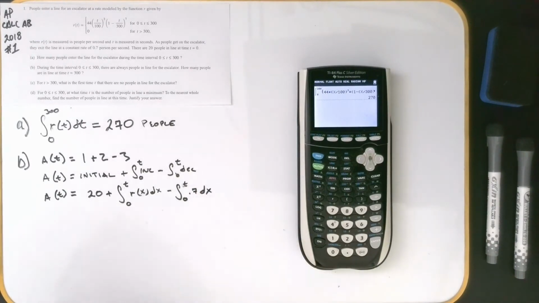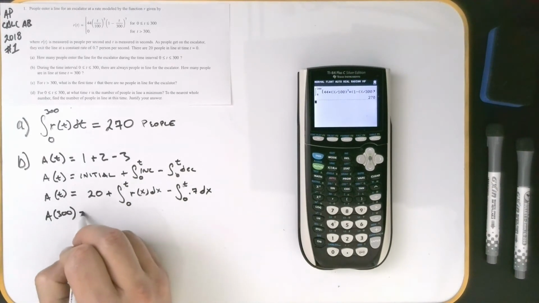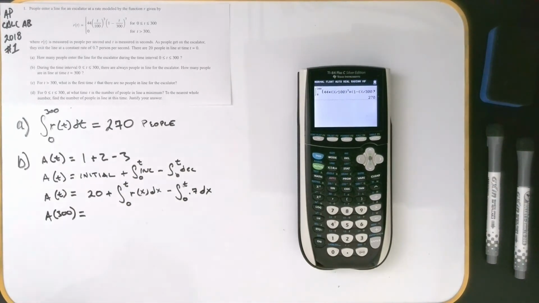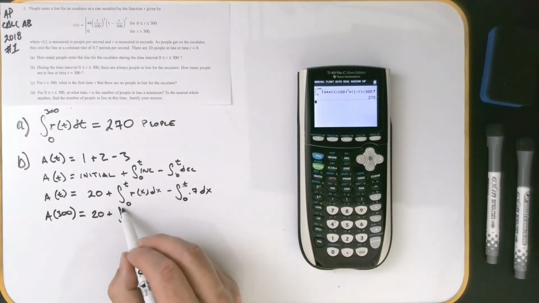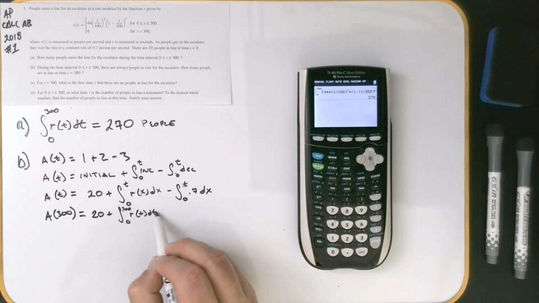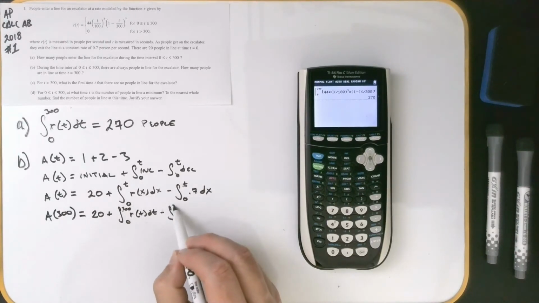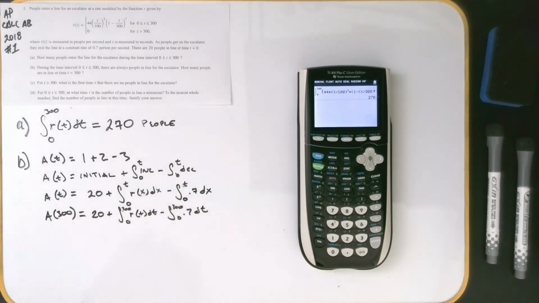Okay. Now the question is saying, what is it at 300? How many people are in line at 300 seconds? Now I would say 20 plus the integral from 0 to 300 of r of t dt minus the integral from 0 to 300 of 0.7 dt. Now I can do that.